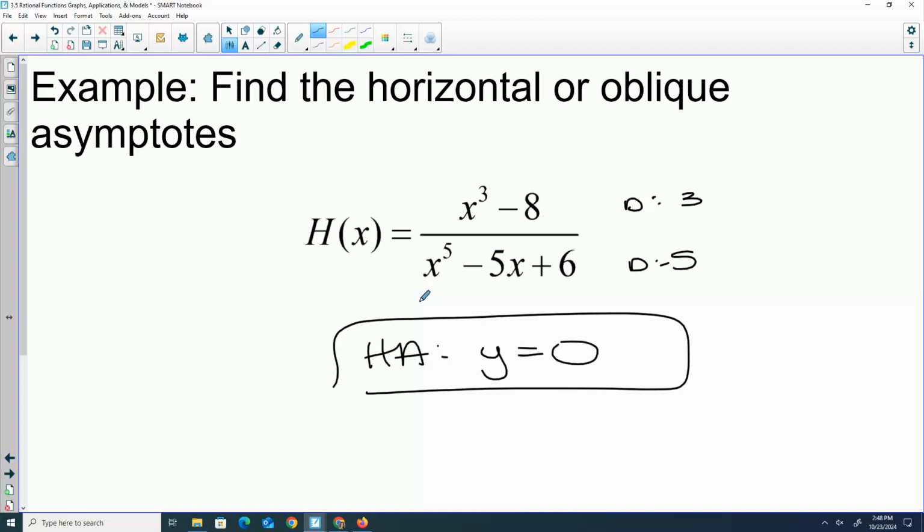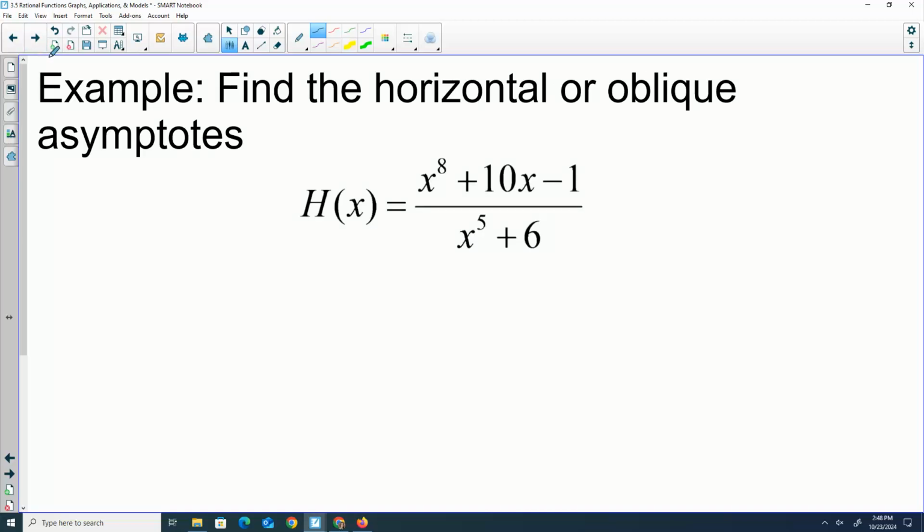Let's do 2 more. All right. What's the degree of the top and the bottom? When I divide this, x to the 8th divided by x to the 5th, I'm going to get x to the 3rd. Is that a line? No. My asymptotes are just lines.